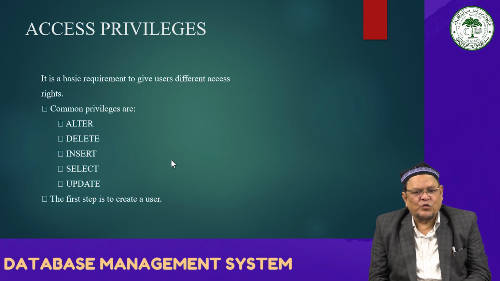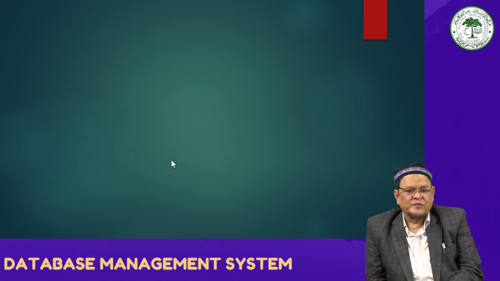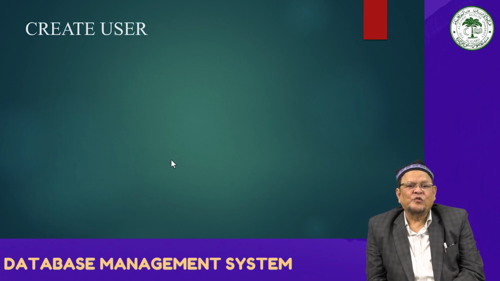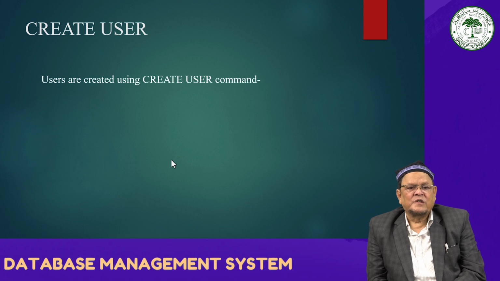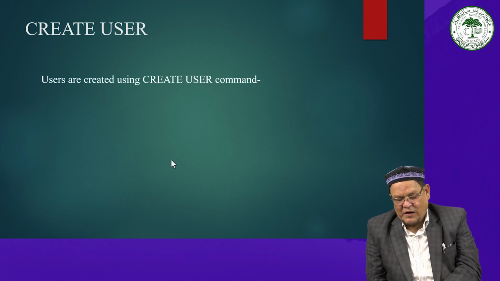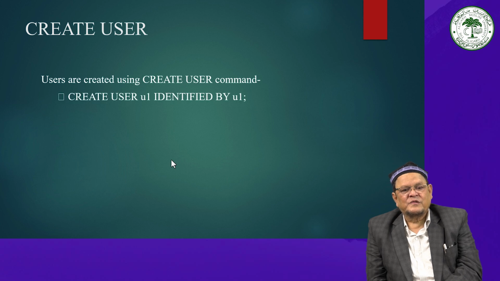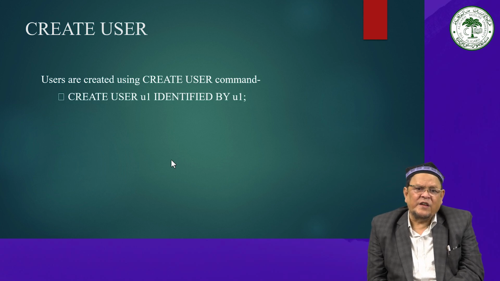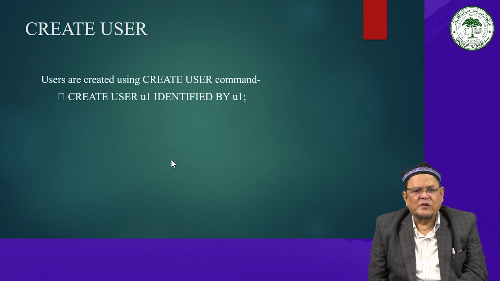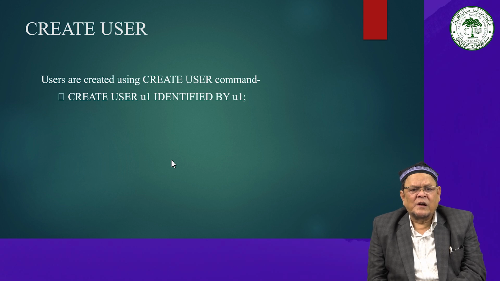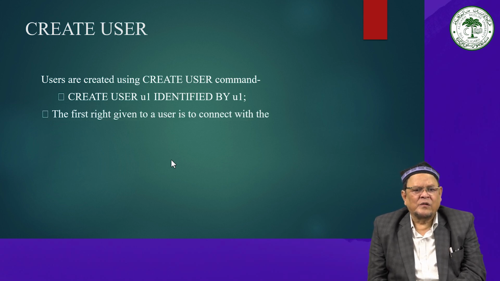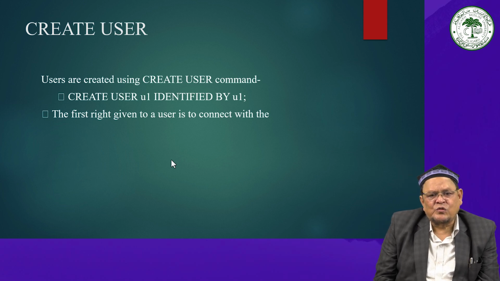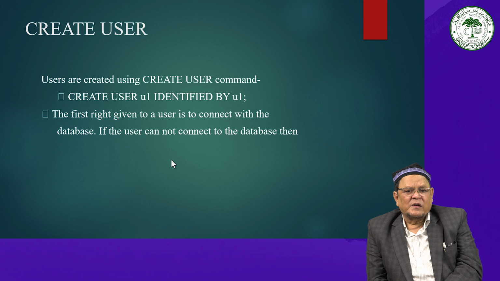The first step is to create users. Users are created using the create user command. You can see on the screen: create user U1 identified by U1. The first right given to the user is to connect with the database.